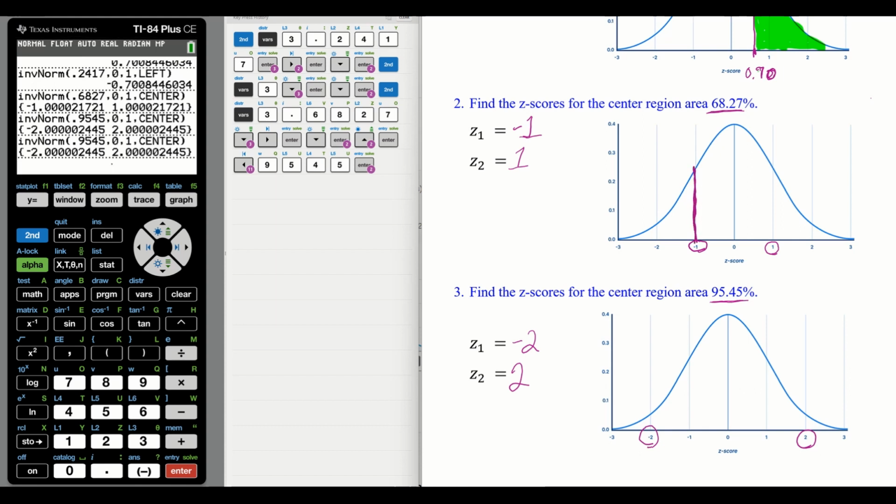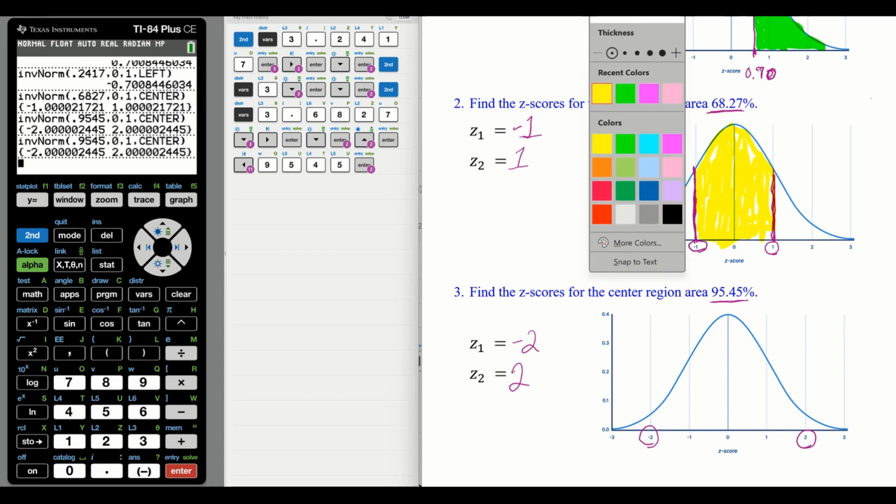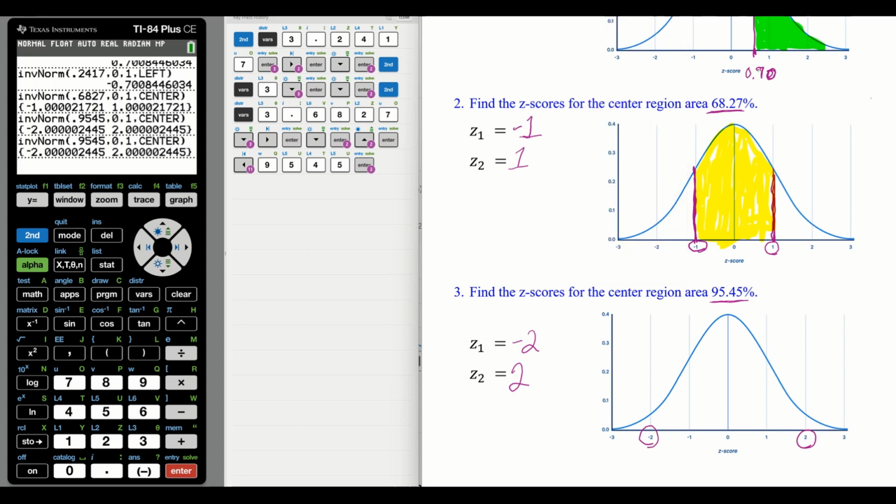Let's pretend like I can draw. Okay, let's shake it up a little and let's do a little highlight there. Okay, let's change colors. Make it look good. Oh, before I do that, I got to draw my line.